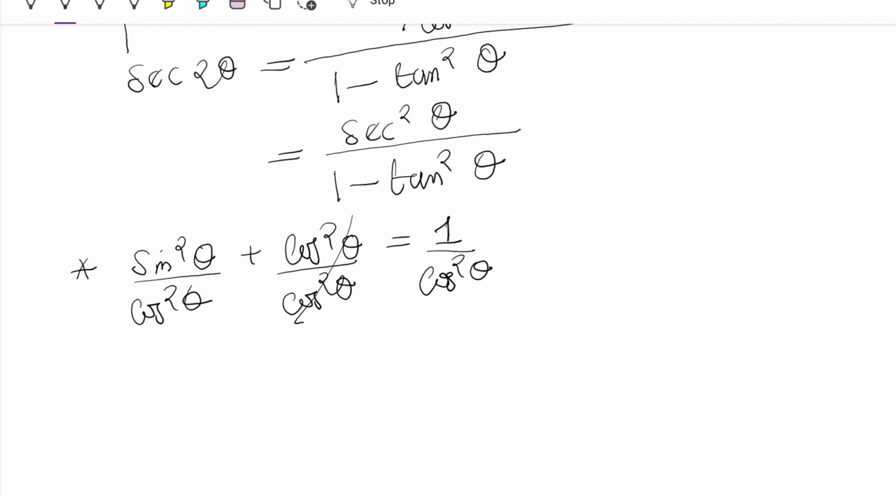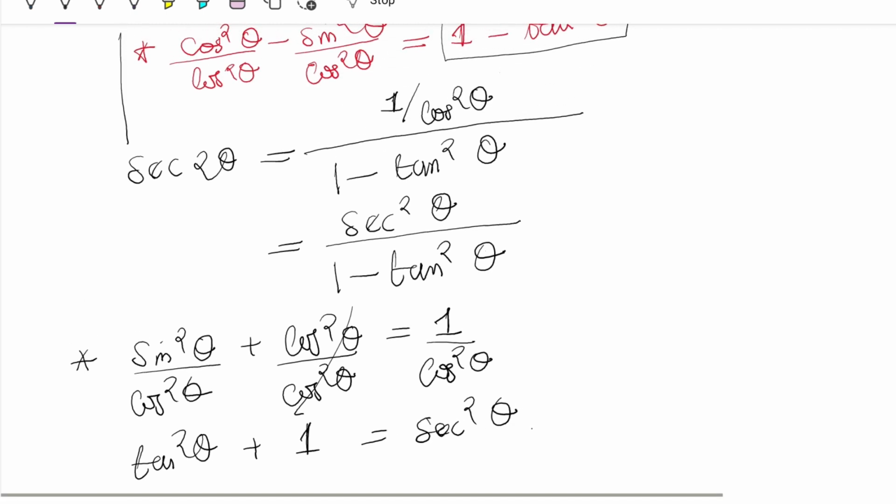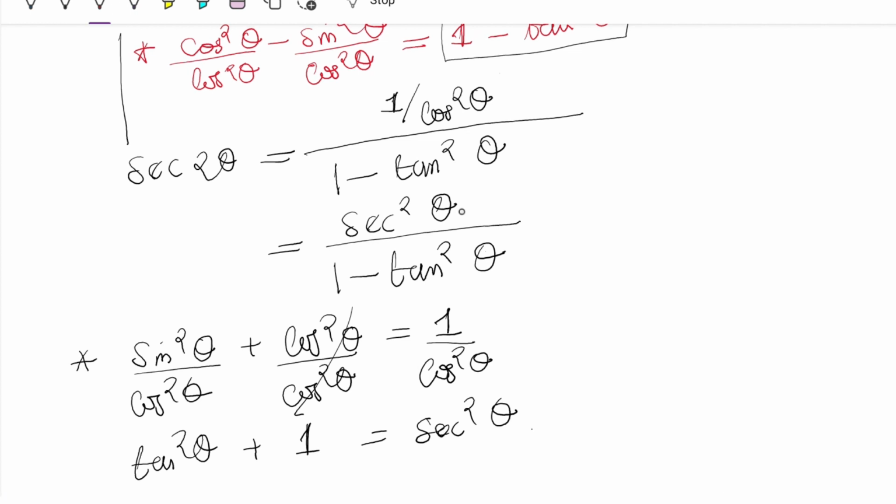So tan squared theta plus 1 is equal to sec squared theta. So where there is sec squared theta here, I put tan. This is just the same as 1 plus tan squared theta, divided by 1 minus tan squared theta.